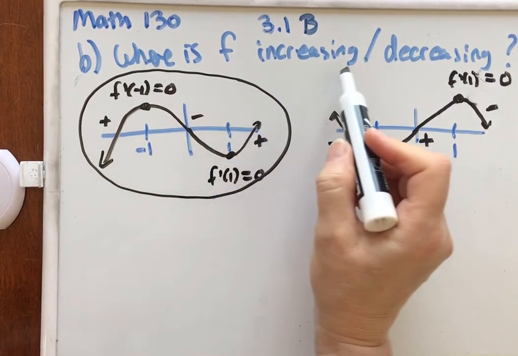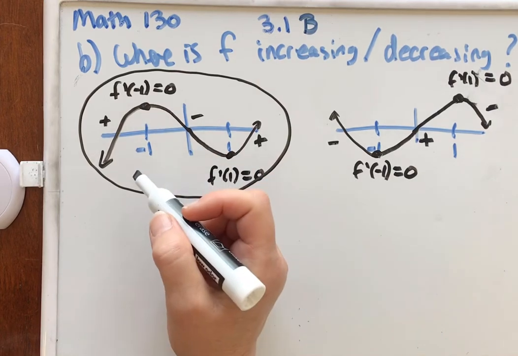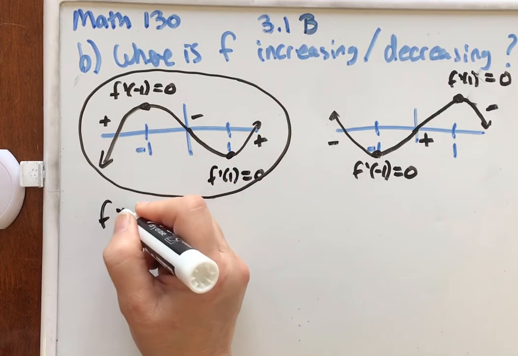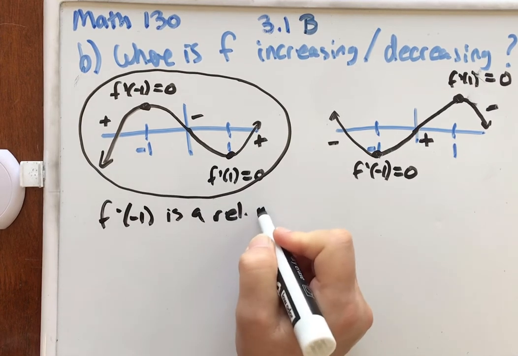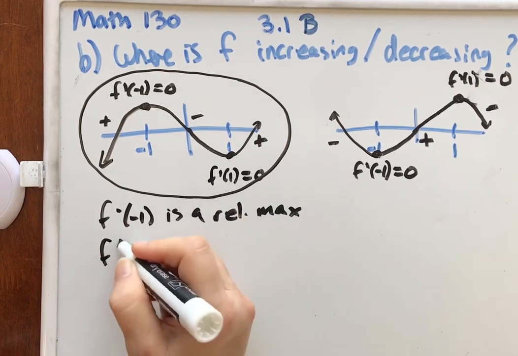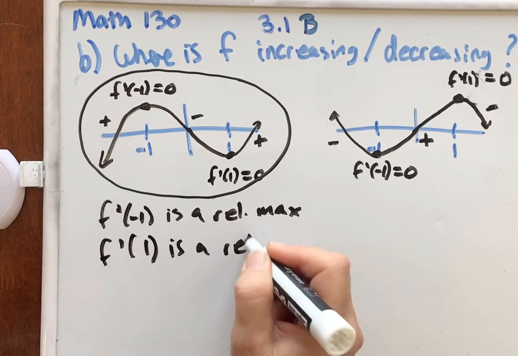It says, where is f increasing and decreasing? Well, we're going to state two things. We're going to say f prime of -1 is a relative max, and f prime of +1 is a relative min.